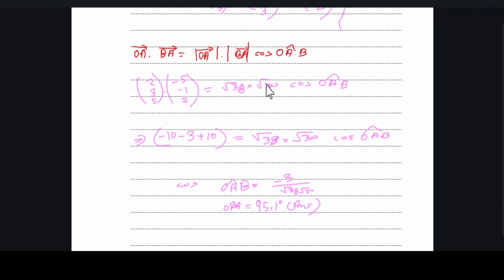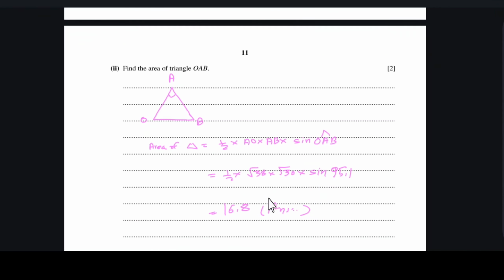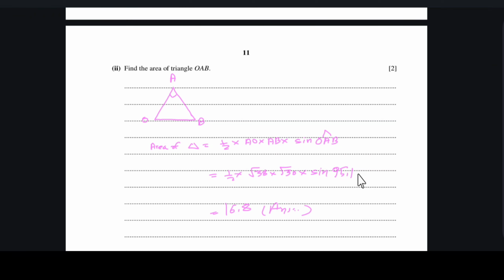So OA is root 38 and OB is root 30, and in between is the angle, sine 95.1. We get our answer as 16.8 as the area of the triangle. So we use this formula to find the area of the triangle.